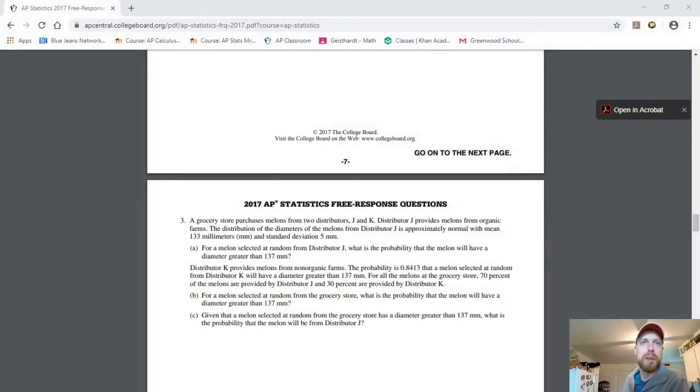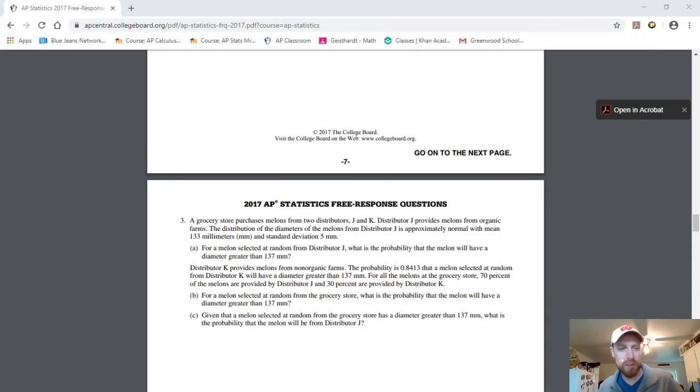For part C, given that a melon selected at random has a diameter greater than 137 millimeters, what is the probability that the melon will be from distributor J? Alright, there are a couple of things we can do here. Essentially, it's what's the probability it's from J and greater than 137 out of what's the probability it's greater than 137 millimeters.